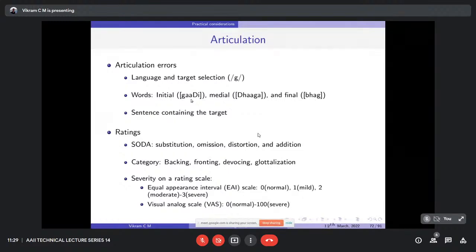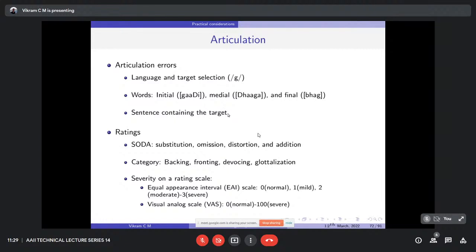So development of these particular words is an important step. We need to decide the target consonant, and it should be embedded in 3 different positions: initial, where ga is in the initial position, then the medial position, and the final position. Like that, we need to develop different words for the articulation or pronunciation assessment.